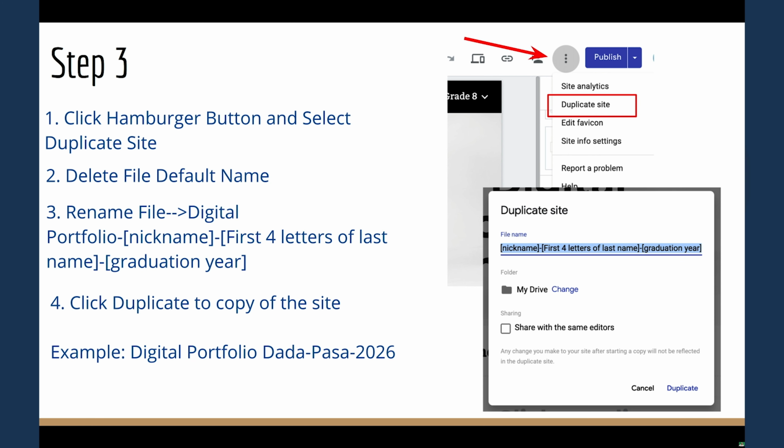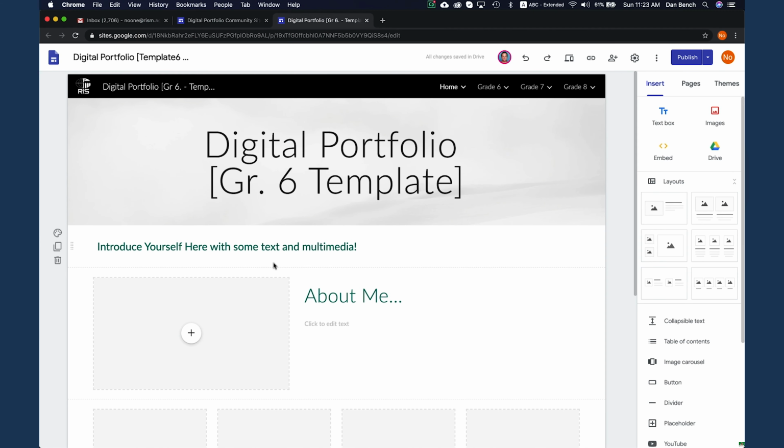Let's say my nickname is Dada, my last name's Pasatai, so I'll use the first 4 letters, Pasa, and then dash, I'll put my year of graduation. Let's go ahead and see how this is done.